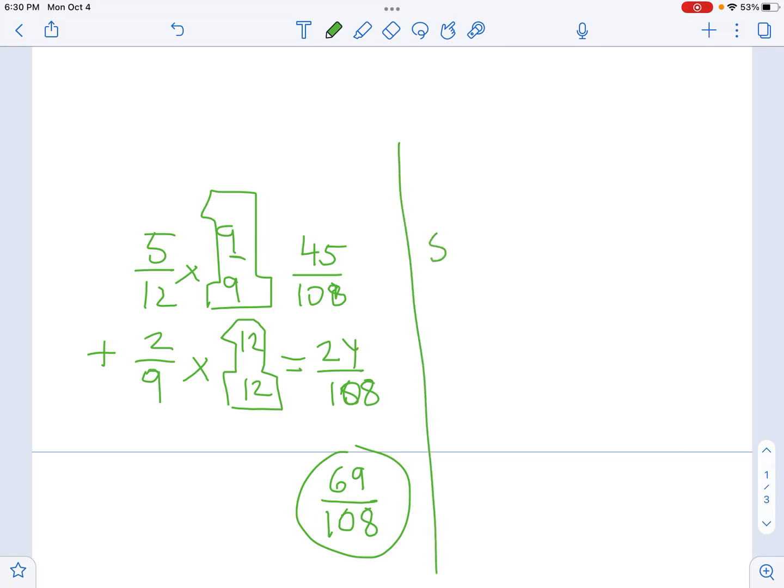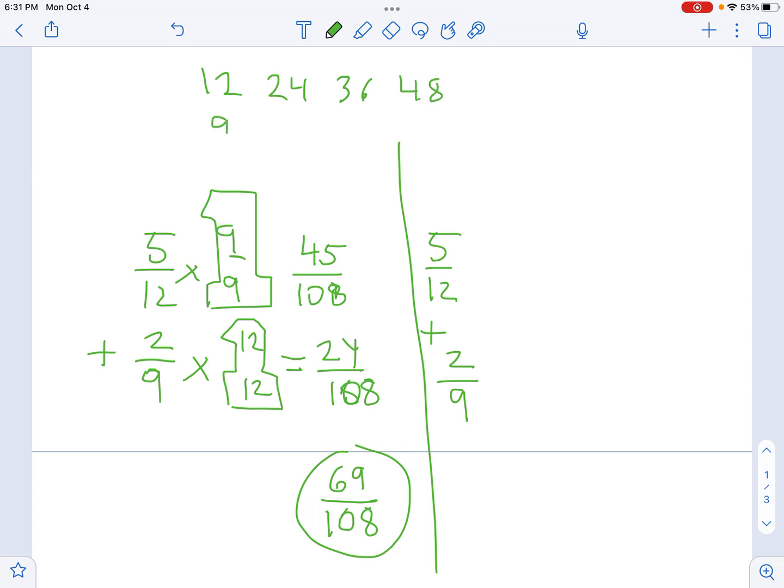If I take the same problem, 5 over 12 plus 2 over 9, and find the common multiple. Now I can do this in my head, but if you can't, you can just write things out. 12, the next multiple is 24, then 36, then 48.